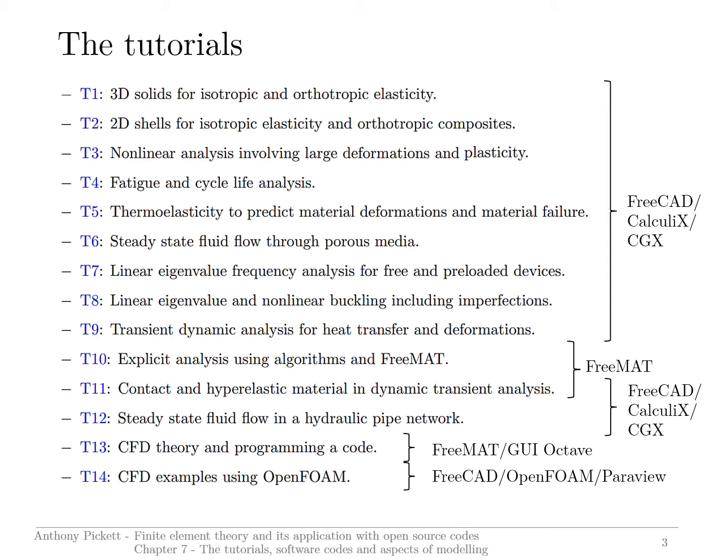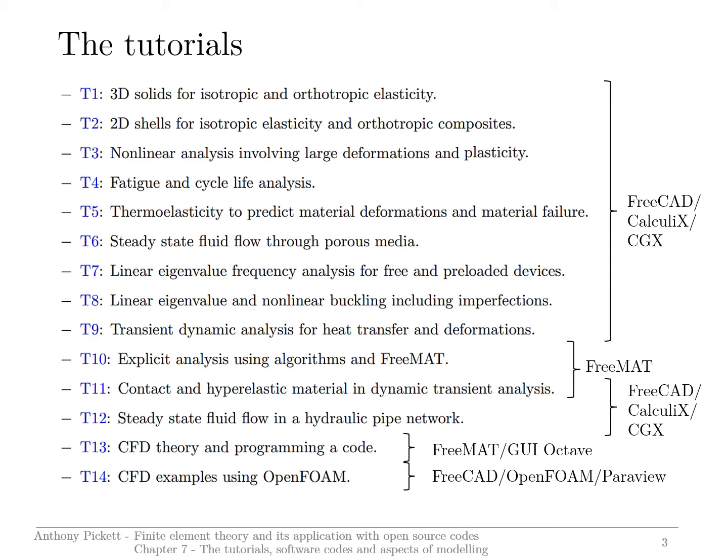For tutorial 13, again, I use this FreeMat code for programming a very simple CFD code. There is an alternative to this that can be used called GUI Octave. Both of them basically use the same scripting language as MATLAB.